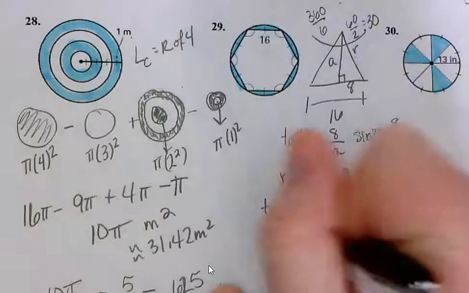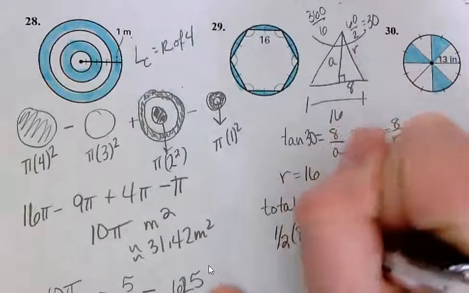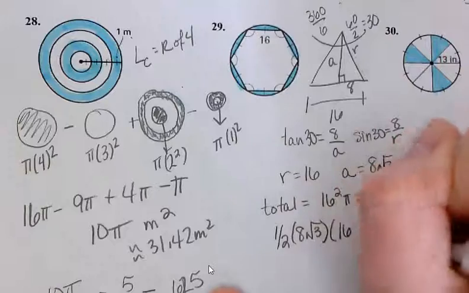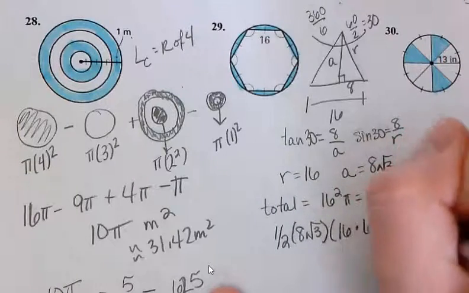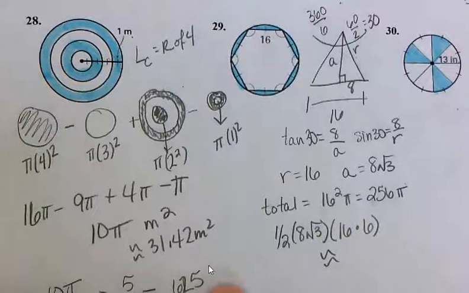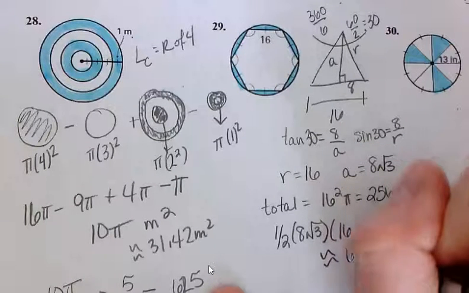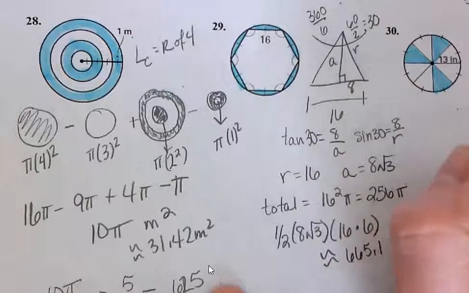To find the cutout, 1/2 the apothem, which is 8 root 3, times 16, because that's my side length, times 6, approximates out to be 665.1075.